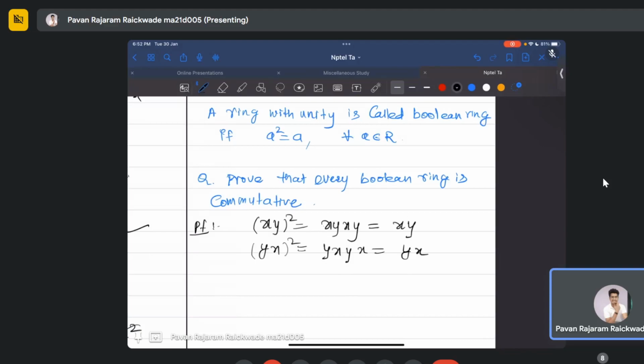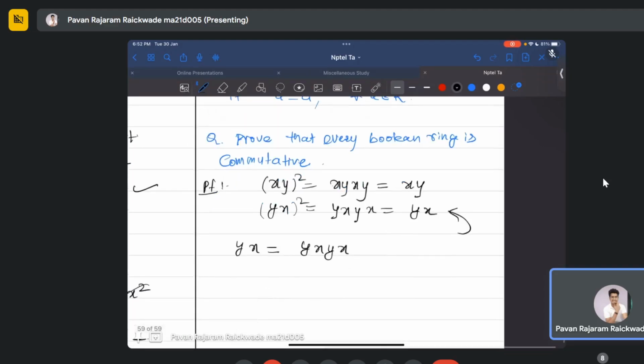So you consider this equation, and if I multiply x on this side and y on the other side, I get xyxyxy, right? But what is this, xy, xy is? Didn't get anything.